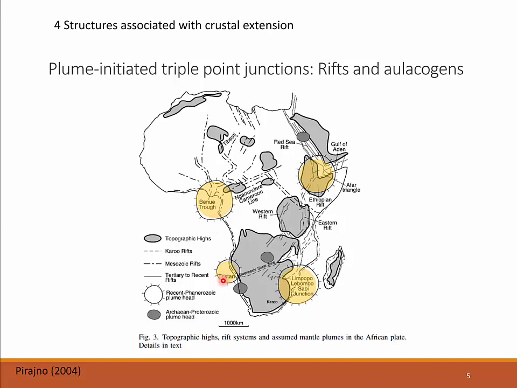These are only the recently active mantle plumes in Africa. There are a number of older age Archean to Proterozoic plume heads indicated here in dark gray color, and I believe one could draw a number more in the West African regions.